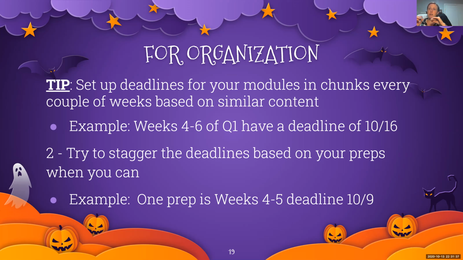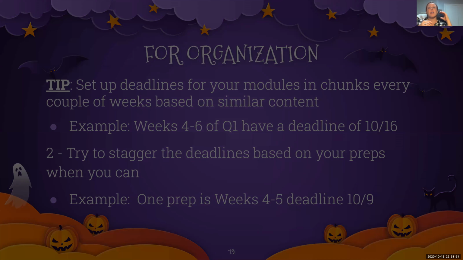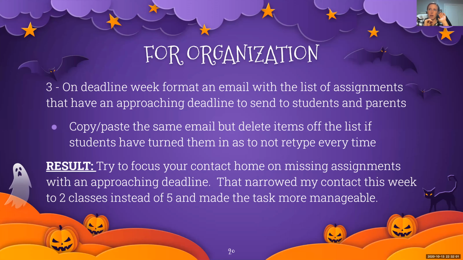When that deadline approaches, for example, this Friday is the 16th, I format an email with the list of assignments that are due on the 16th. Then I can copy and paste that email and customize it for each student. So-and-so turned in assignments 1, 2, 3, but is missing 5, 6.